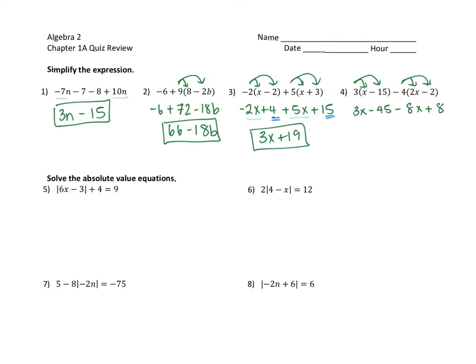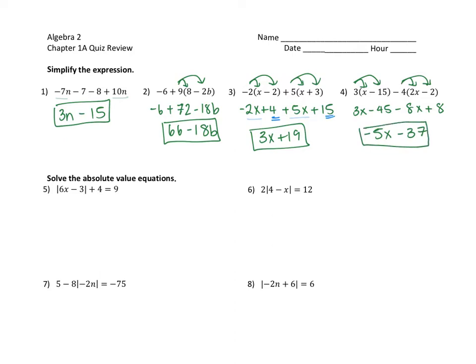Looking at this here, we can combine the 3 and the -8 to get -5x. And then the +8 combined with the -45, if you take -45 and add it with 8, you get -37. Then I can't combine any more terms, so this is my final answer.